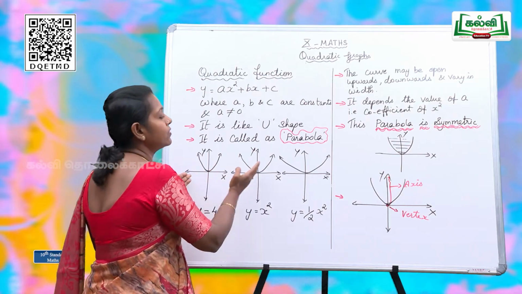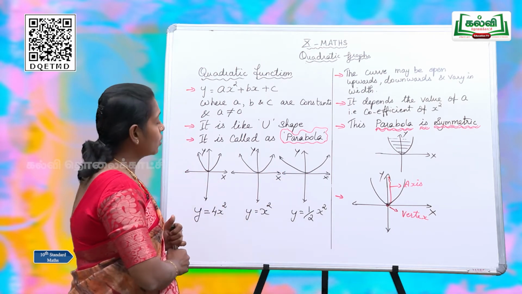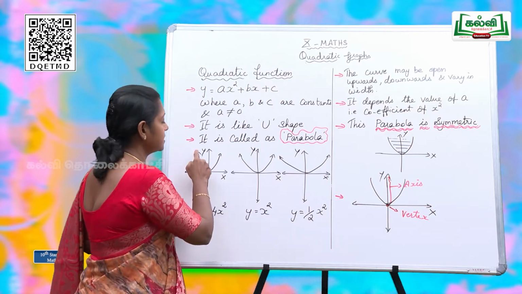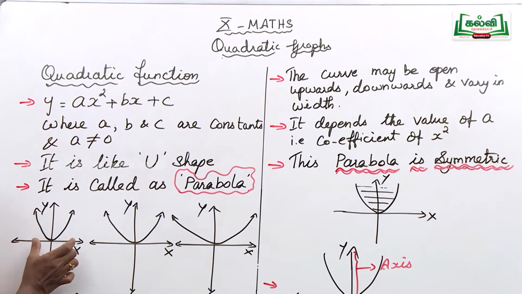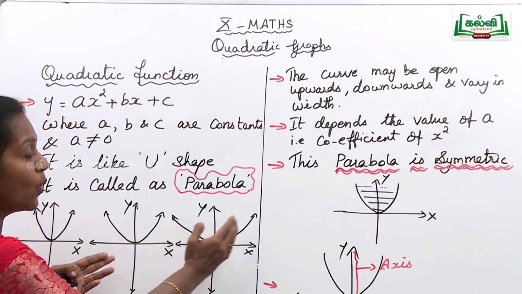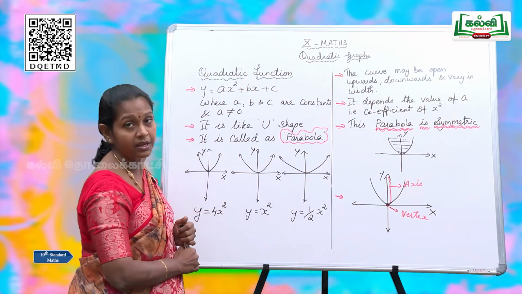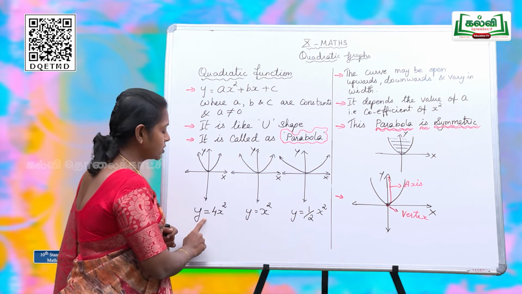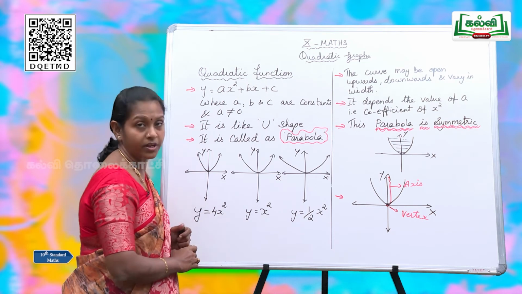Okay, now see I have drawn 3 graphs. What are all the differences can you find? Yes. See, this is very, very narrow, and when you compare this picture with this, it is little enlarged and this is wider among all those 3 graphs, right? How it is possible? See, this equation is what? y equal to 4x squared.